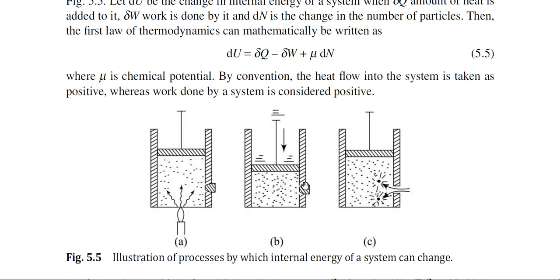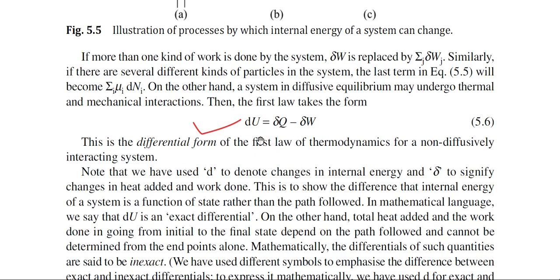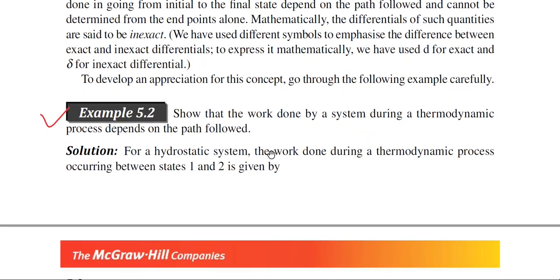This is the mathematical form of the first law. Sometimes in its differential form it is written as dU = δQ − δW. This is the formula, and we will use it while solving the numerical problems.